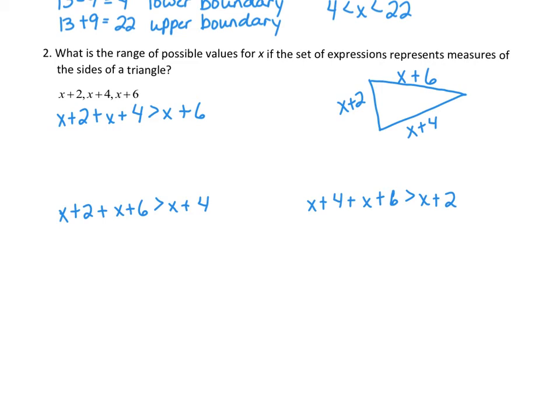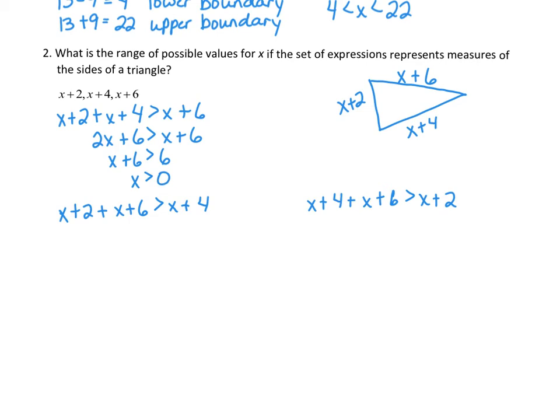All right, so now we go through and solve the inequalities again, just like you're solving algebraic equations. I'm going to combine like terms first, so that gives me 2x plus 6 is greater than x plus 6. If I subtract x from both sides, I have x plus 6 is greater than 6. Subtract 6 from both sides, x is greater than 0.